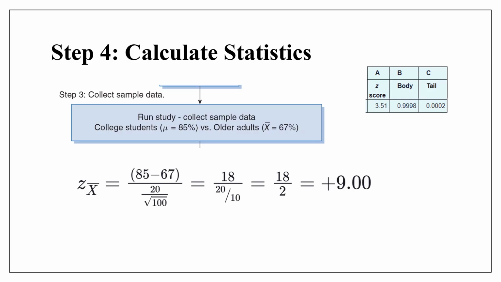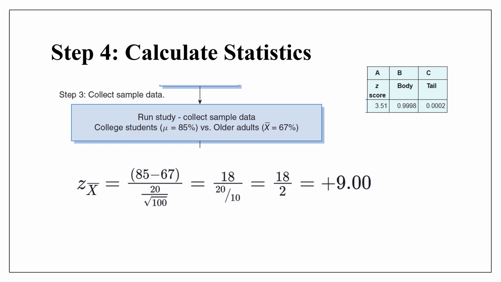So we would then do some calculations. In this case, we would use the formula for calculating the Z-score of a sample, again, because we are working with two different samples. The one which is the population of college students, so these are the ones that we have information for every single individual, and then we have a sample of older adults.